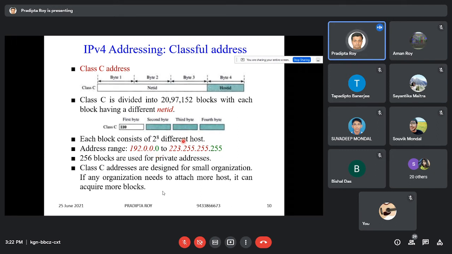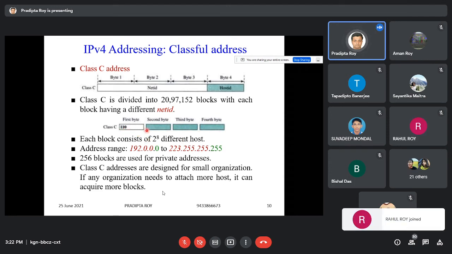And what should be the highest value of class C? The first 3 bits are 110 and the rest 29 bits are filled up with all ones.